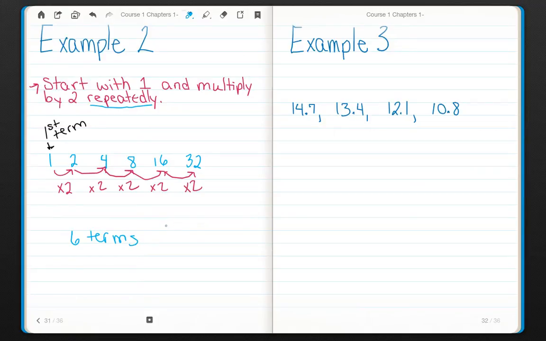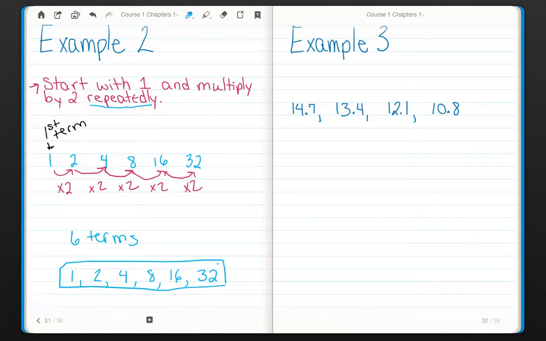So if you are asked to find the first 6 terms, then you need to have 6 terms. Okay? Now, if I was just going to write these as an answer, I would write 1, 2, 4, 8, 16, 32, and box my answer. These are the first 6 terms in my pattern.